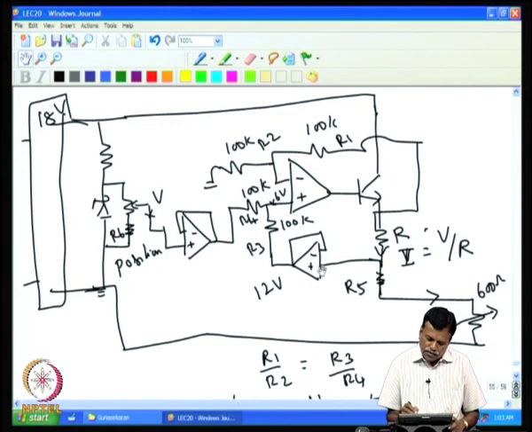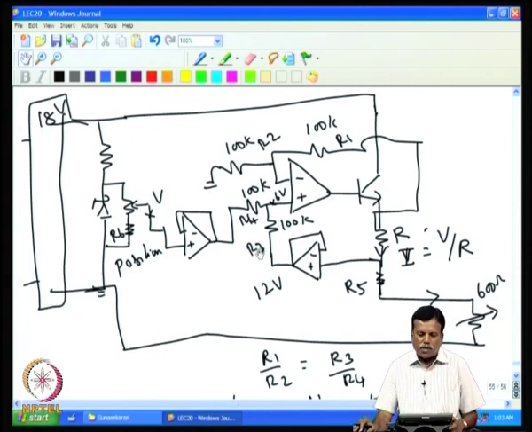That can be achieved only by adding some additional voltage at this point. So, we will need to find a solution for how to add additional voltage without disturbing the balance. Unless these issues are solved, this may not work for 0 and 20 milliampere. So, now we have to explore this.